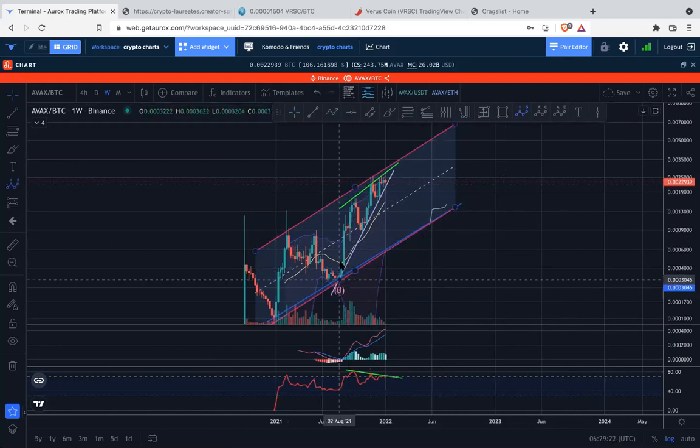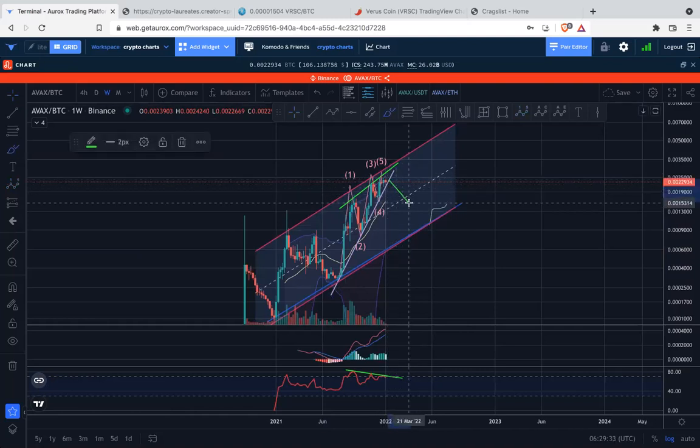But I am seeing some type of 1, 2, 3, 4, 5 move. And so the next thing from that would probably be a dump. Maybe only to here, maybe down further. Not so sure.